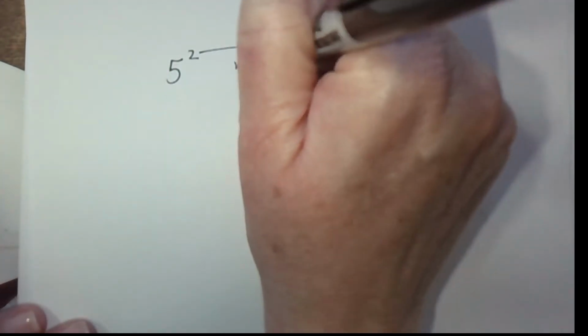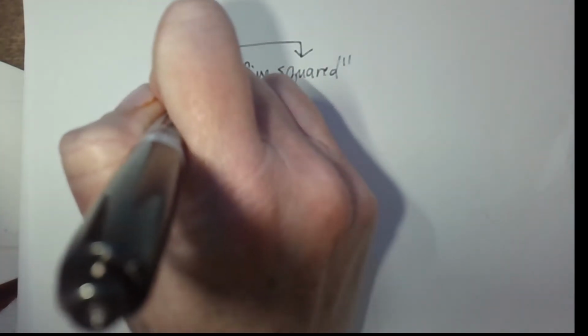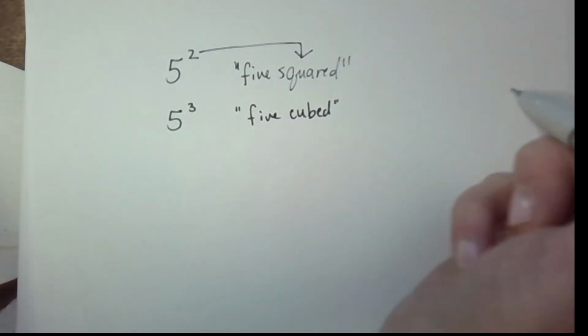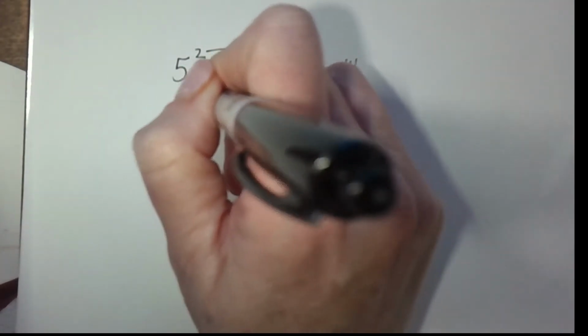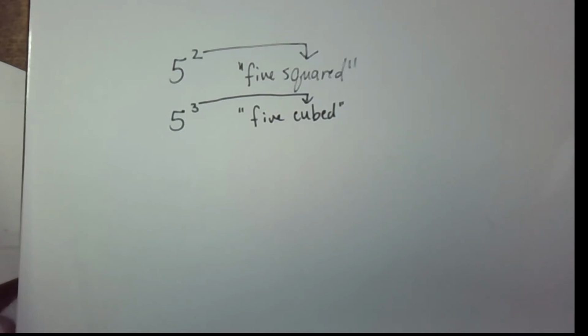Anytime you have an exponent 2, you'll often hear it referred to as squared. It's fine to say 5 to the 2nd power, that's correct, but typically you'll hear 5 squared. Likewise, if you have an exponent 3, that is referred to as cubed. So when an exponent is 3, we say something is cubed. It doesn't matter what the base is. The 5 is just an example.